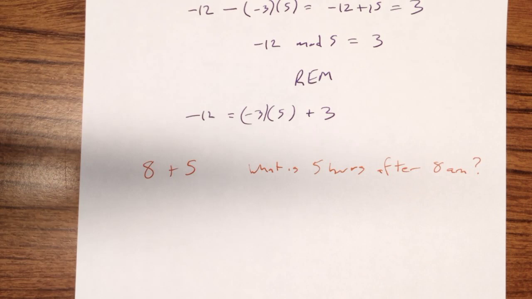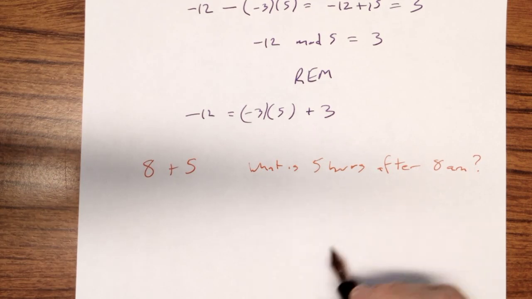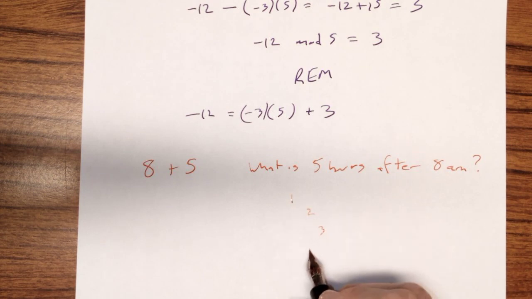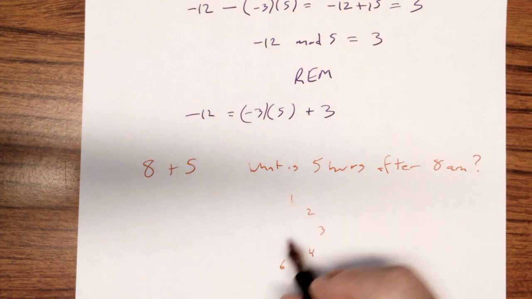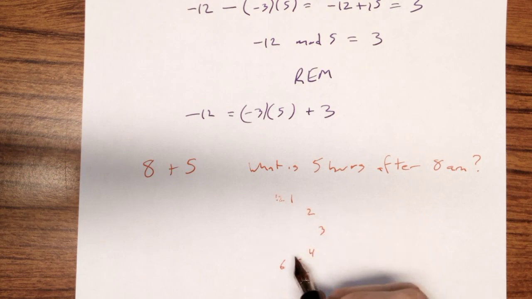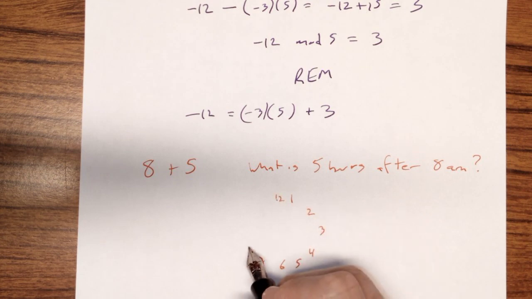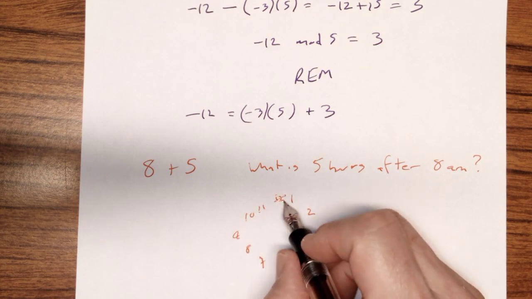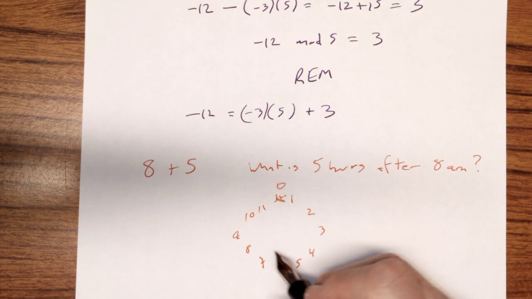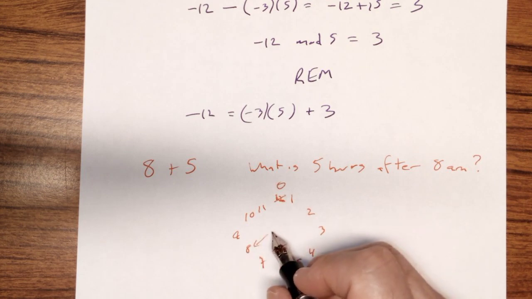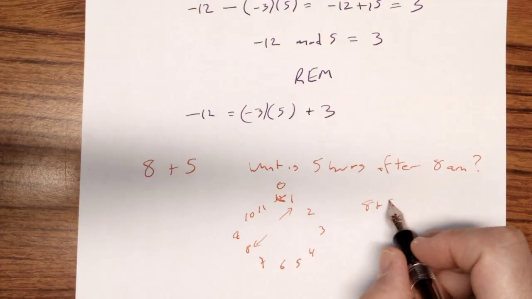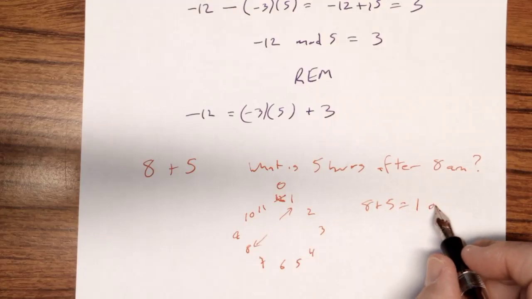Oh, well, remember the clock only has the numbers from 1 to 12 on it. But what if I replaced this with a 0, and I started at 8 and I added 5? 8 plus 5 is equal to 1?